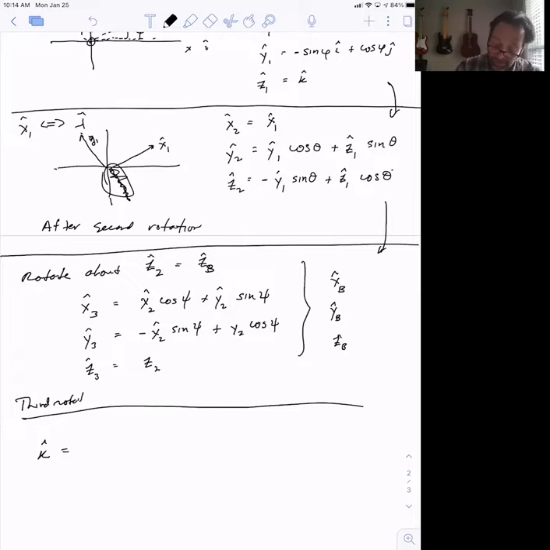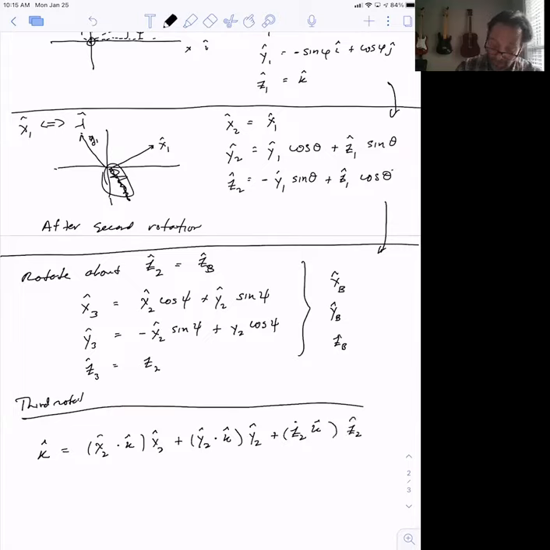So k hat is x2 dot k hat, the projection on the basis set, x2 hat, plus y2 dot k hat, y2 hat, plus z2 dot k hat, and this is then z2 hat.